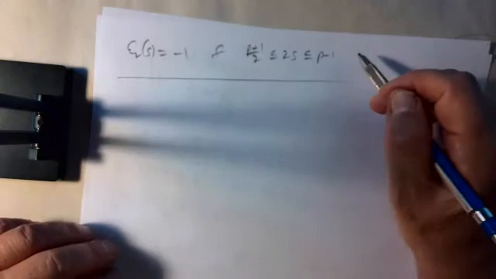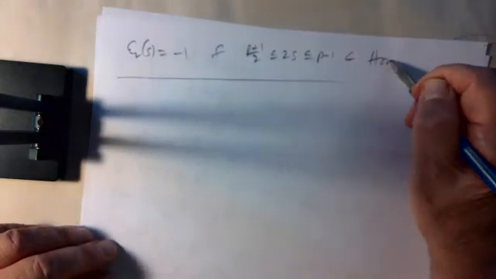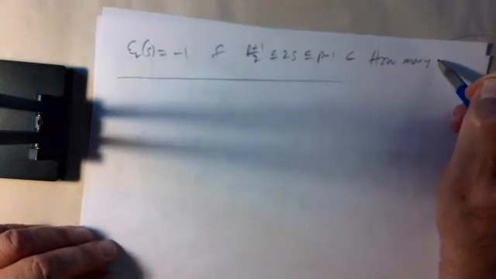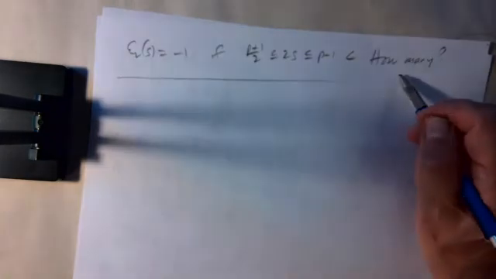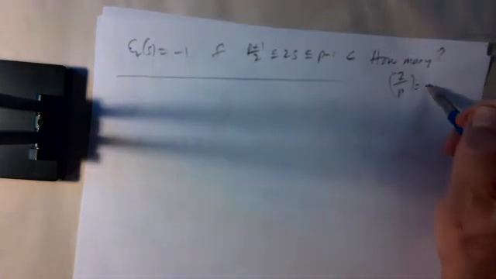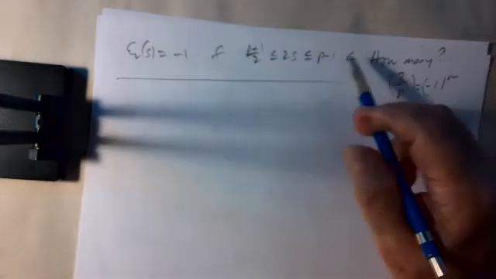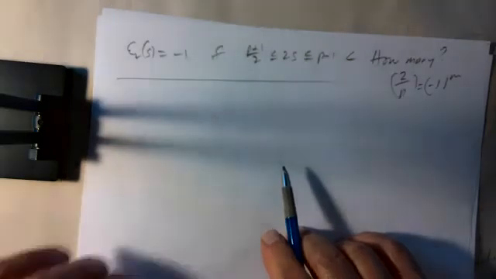So how many s satisfy this condition? The number of such s is m, and (2 over p) is minus 1 to the m. M is the number of s that satisfy this condition.